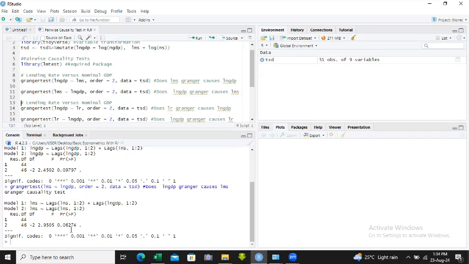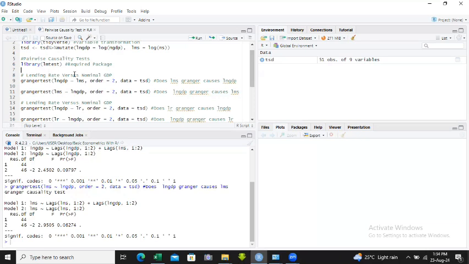So you can also see here it's not significant, showing that log of nominal GDP does not Granger cause log of money supply, meaning that there's no causality between nominal GDP and money supply.